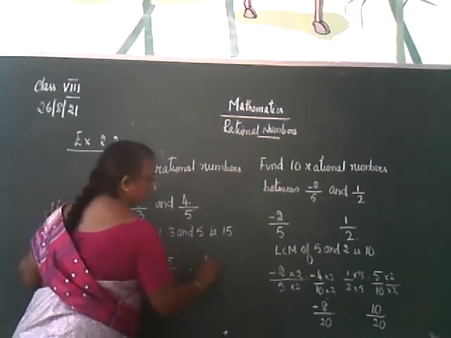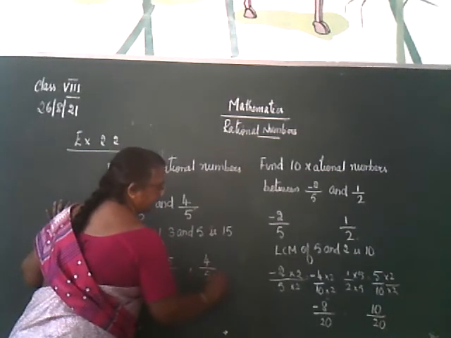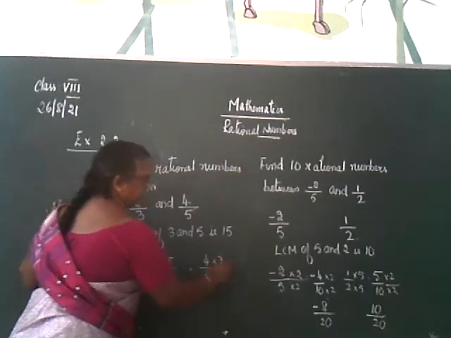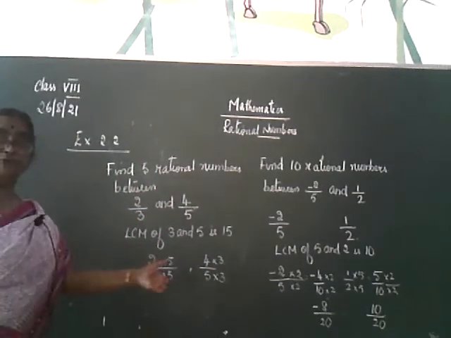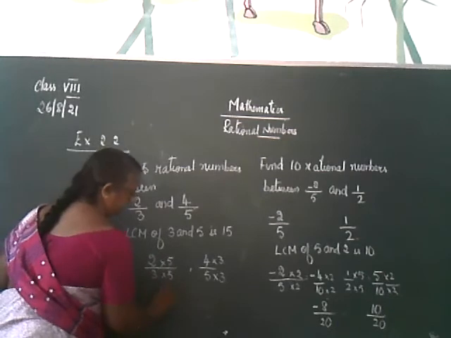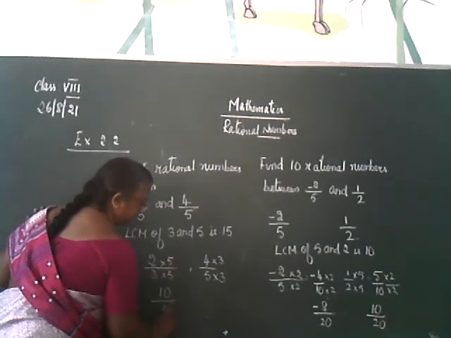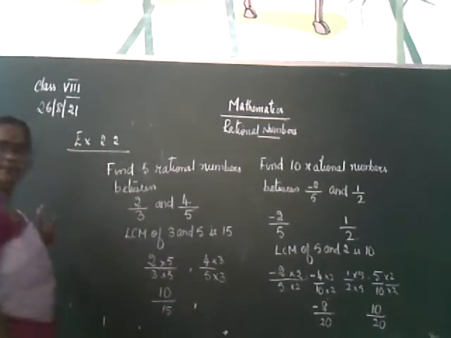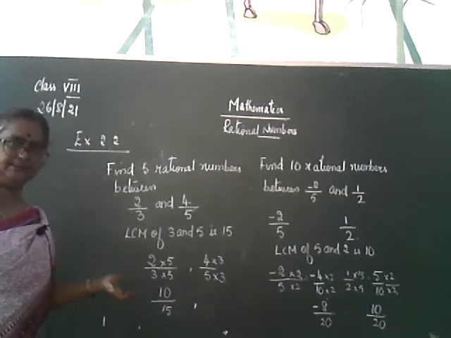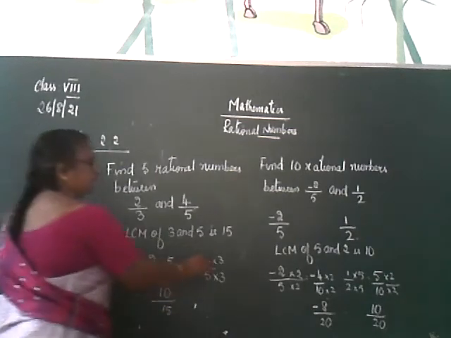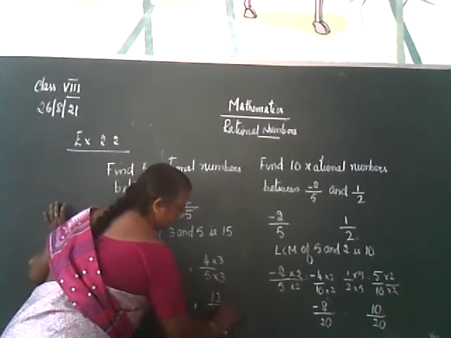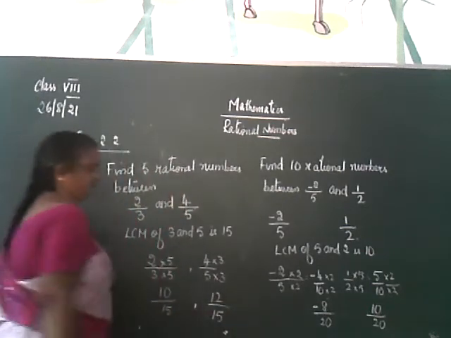Similarly, 4 by 5, if I multiply by 3 only, I will make it 15. So 2 5s are 10, 3 5s are 15. 4 3s are 12, 5 3s are 15.